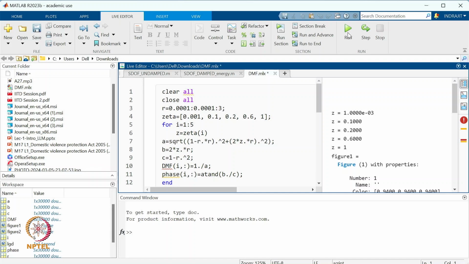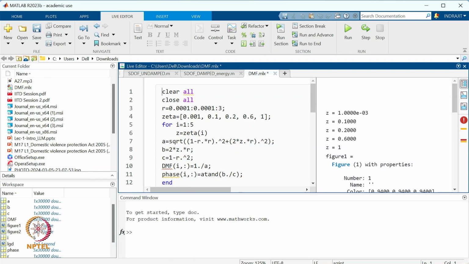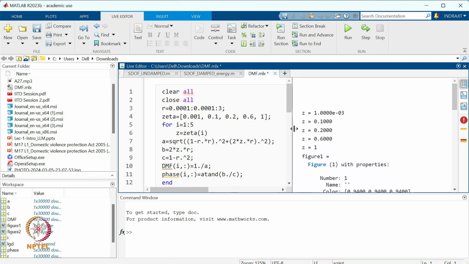Maybe I'll quickly go through that. In the live script you can see the results in the right side window. Here I first assume R, which is nothing but the domain that was written as eta; we just put it here as R, and we take some variation. Then zeta is the different damping. The formula was 1 by root over of (1 minus eta square) whole square plus 4 xi square eta square.